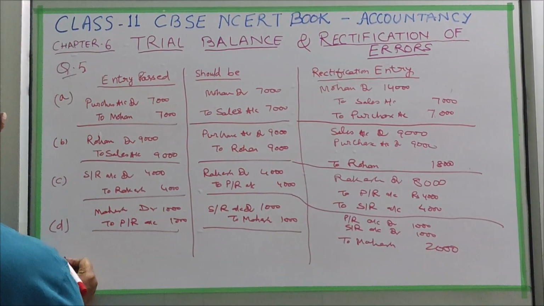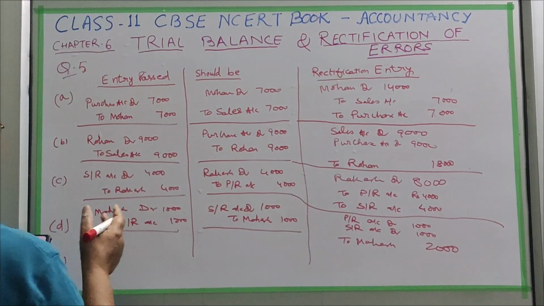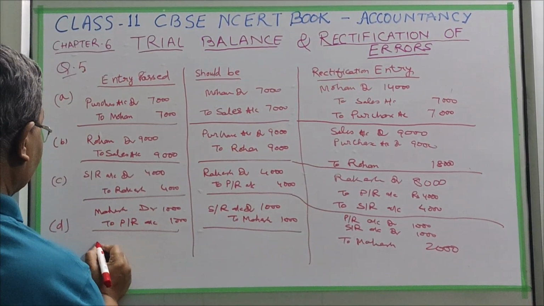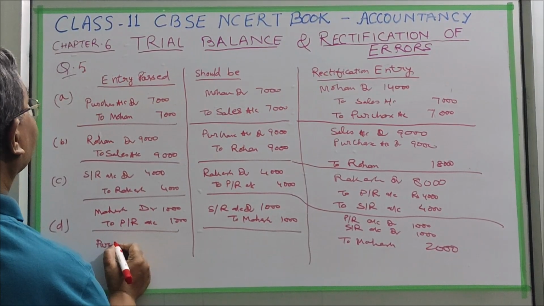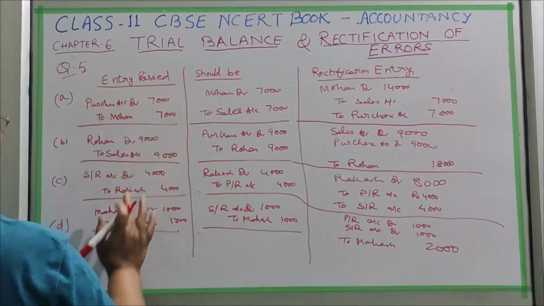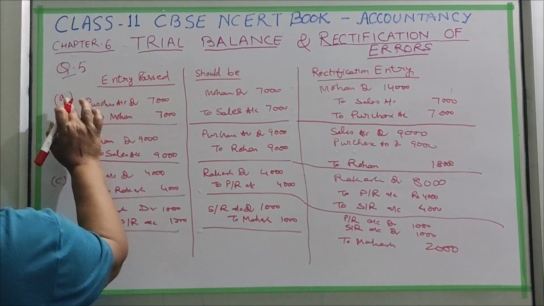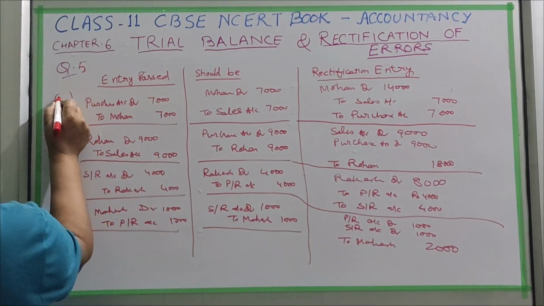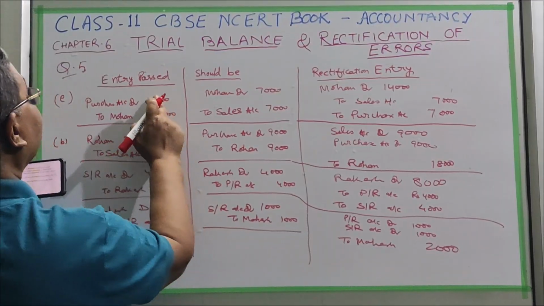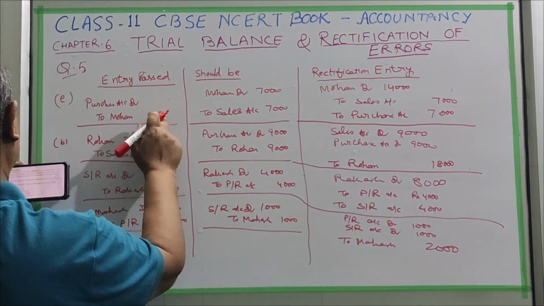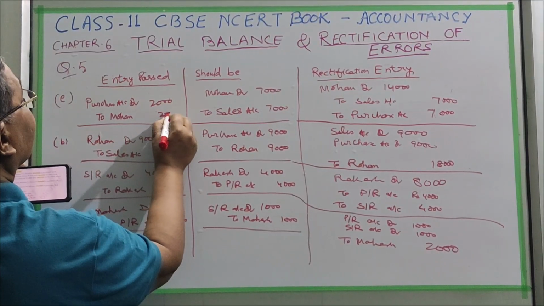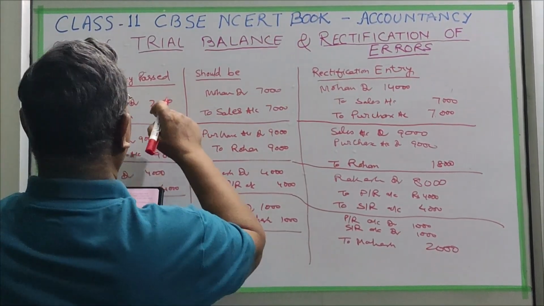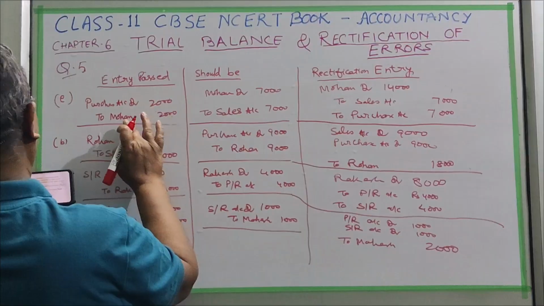Now one more is there. E: goods returned from Mahesh 2,000 were written in purchase book. You have done it in purchase. Purchase account debit 2,000 to Mahesh.